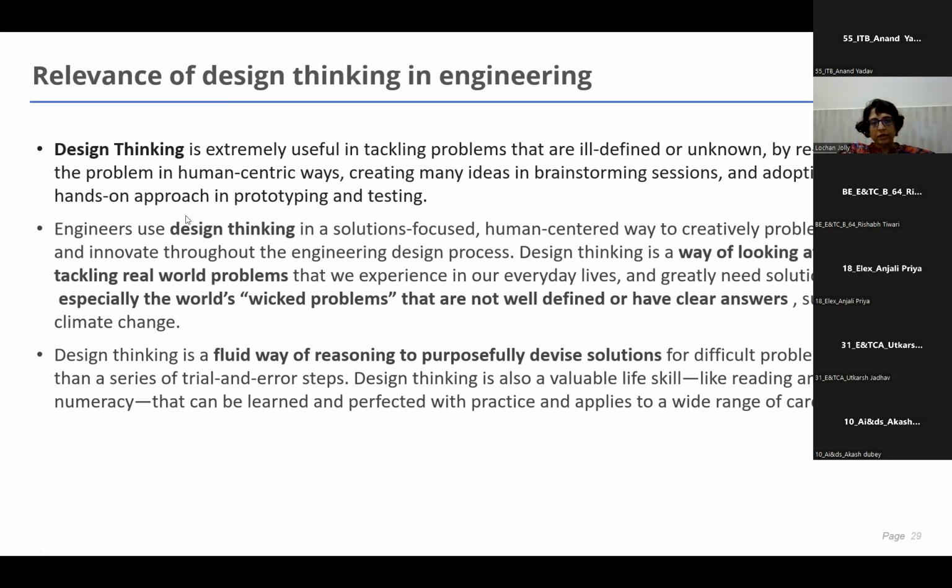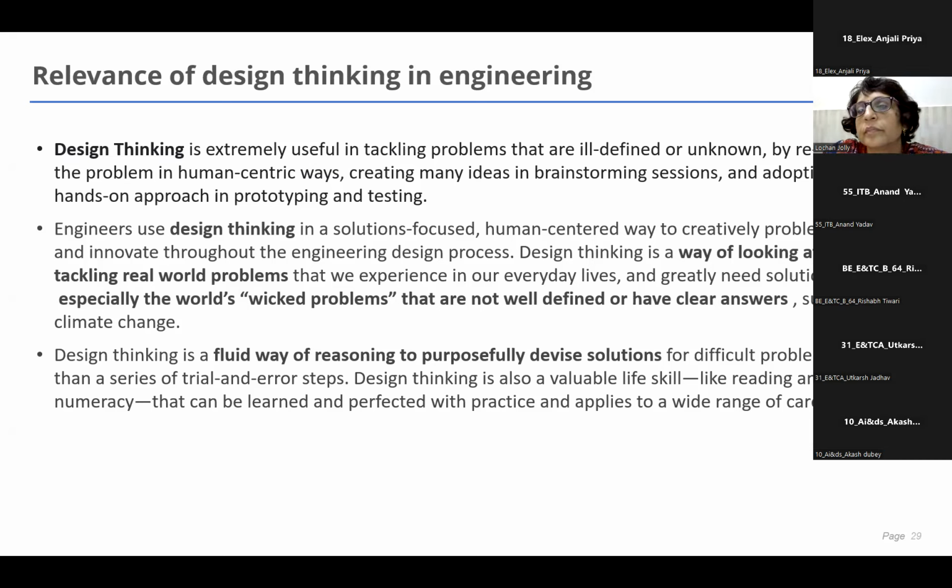So, can you tell me why you think design thinking has relevance in an engineering curriculum? It's Anjali, if you could unmute. I'm asking, do you think learning design thinking is important for an engineering curriculum?